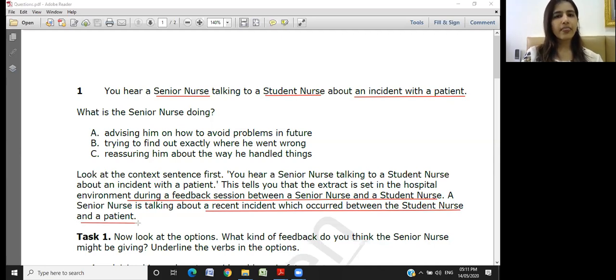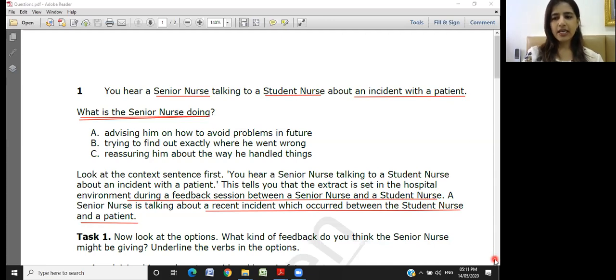So obviously that is the reason why the senior nurse is asking them. Now look at the question prompt. It says, what is the senior nurse doing? That means my focus is to pay attention to the sentences or phrases that are given by the senior nurse.